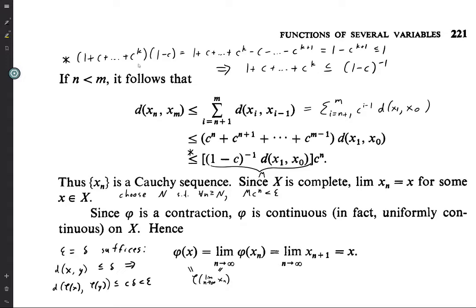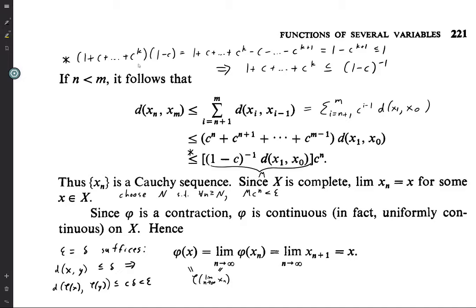And now phi of xn is xn plus 1 by the definition of our sequence. So the limit as n goes to infinity of phi of xn is equal to the limit as n goes to infinity of xn plus 1, which we know is equal to x. And so phi of x equals x, and so x is a fixed point. So we've proven that we have a fixed point, and we already know it's unique. Hence there is a unique fixed point.